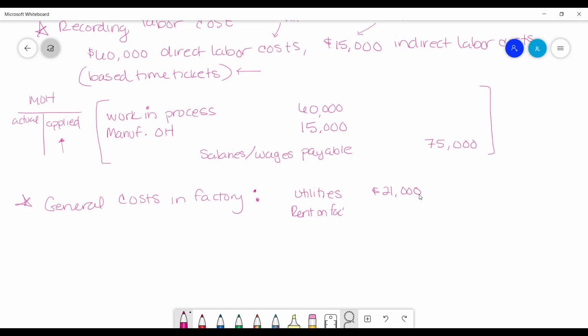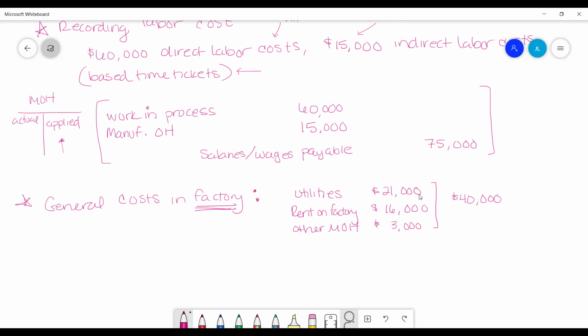Rent on the factory, let's assume that's $16,000. And then just other general manufacturing overhead costs, random ones, totaling $3,000. So in total, that looks like there are some general factory costs of $40,000 there.